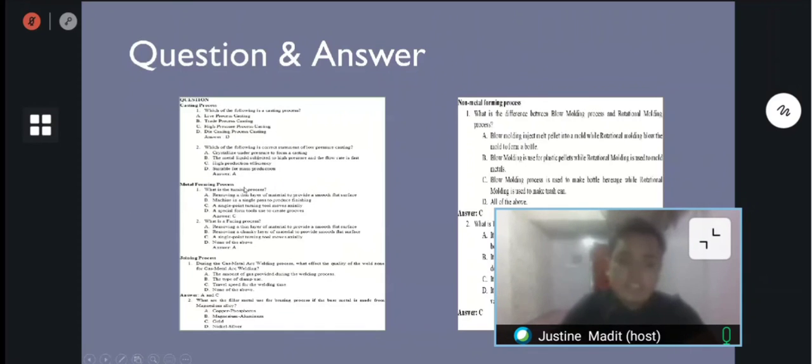Then we proceed with the metal forming process. What is the turning process? Removing a thin layer of material to provide a smooth flat surface.